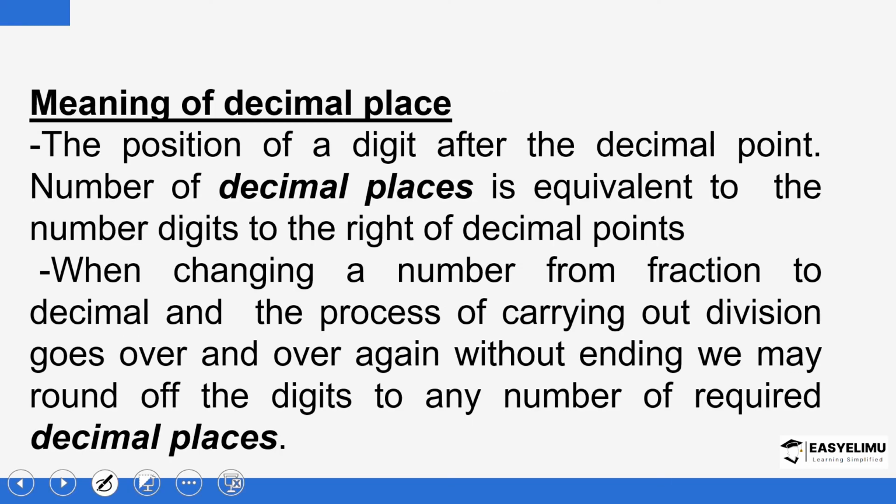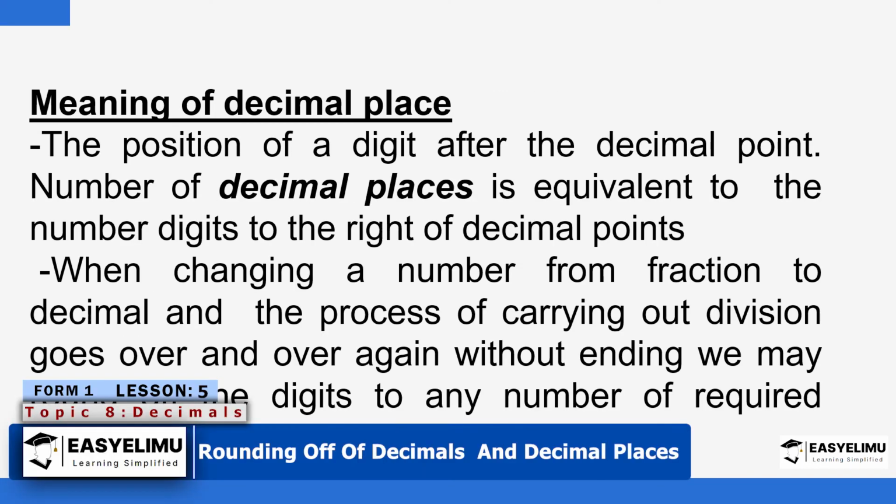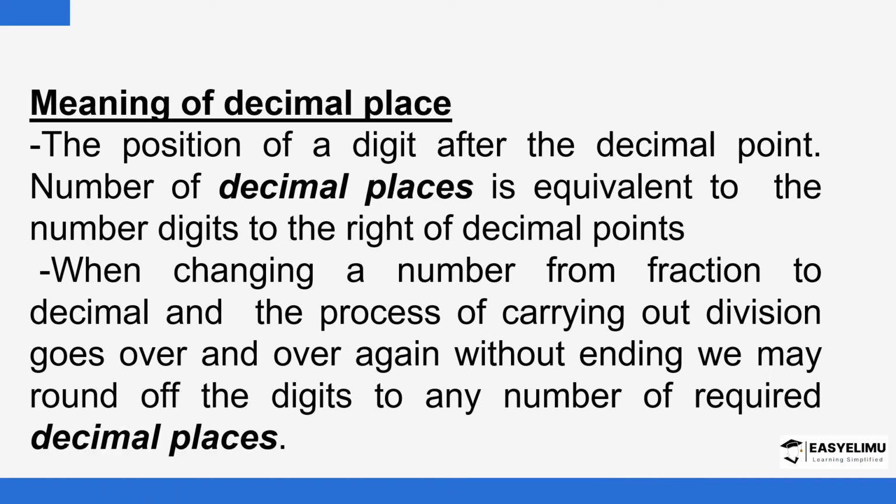So, what is a decimal place? When you talk about decimal place, what is it? So, decimal place, as has been discussed previously, is the position of a digit after the decimal point.